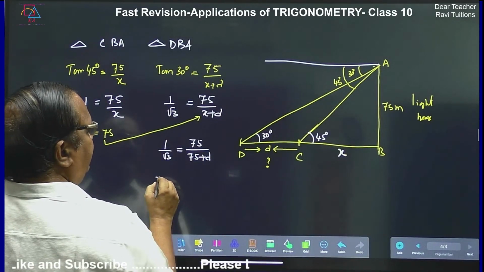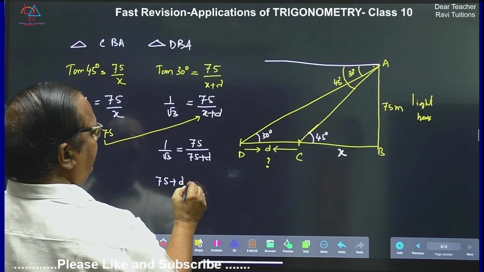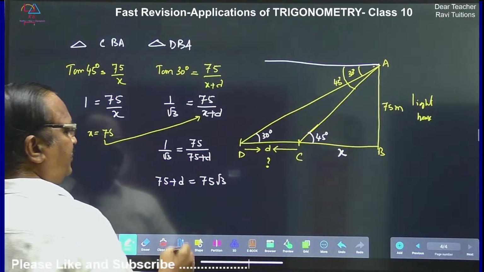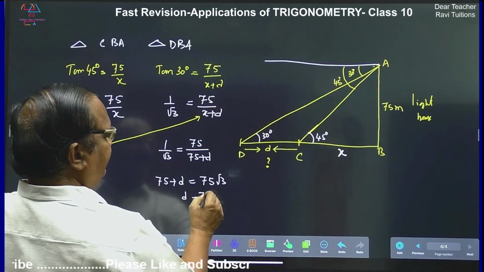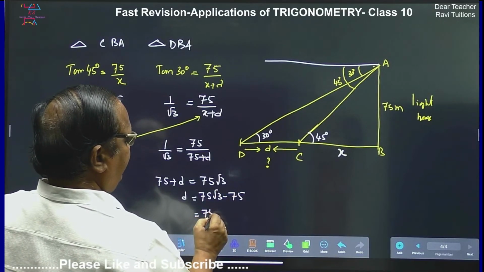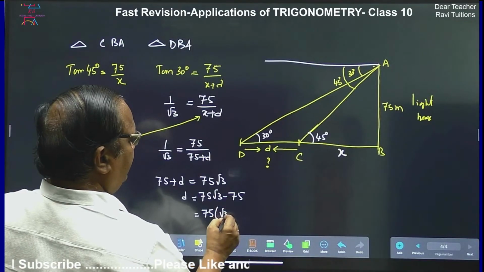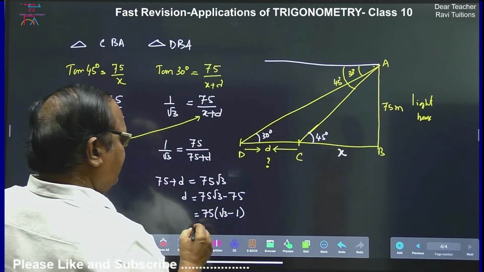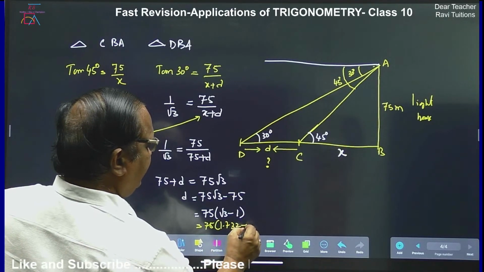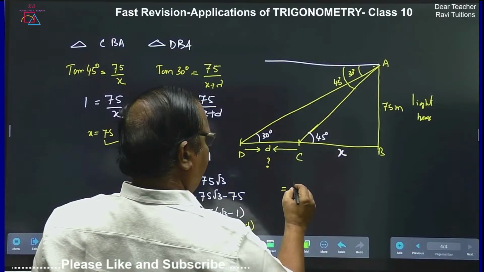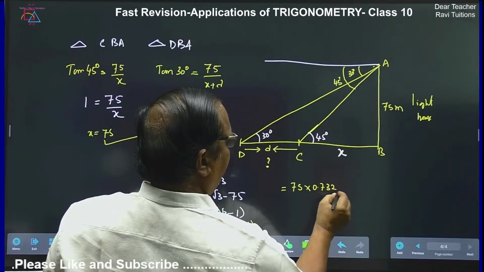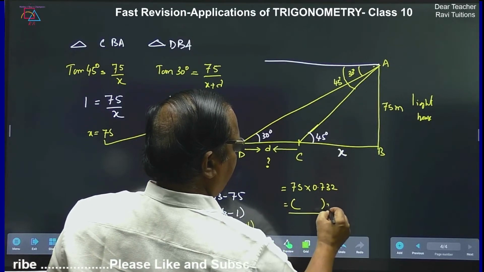Cross multiply it, 75 plus d is equal to 75 root 3. So now d is equal to 75 root 3 minus 75, which is equal to 75 common, root 3 minus 1. So 75 into 1.732 minus 1, which is equal to 75 into 0.732. So this is in meters, the answer.